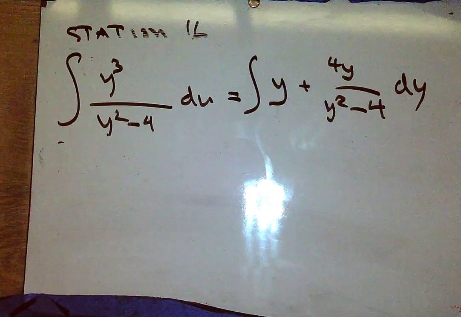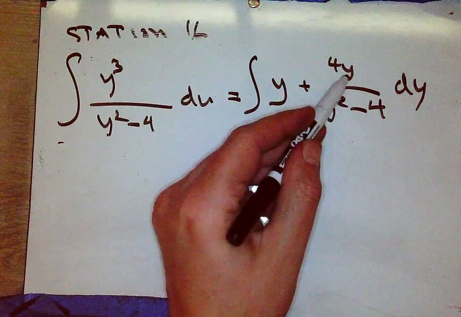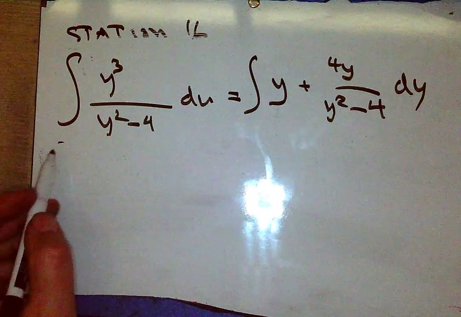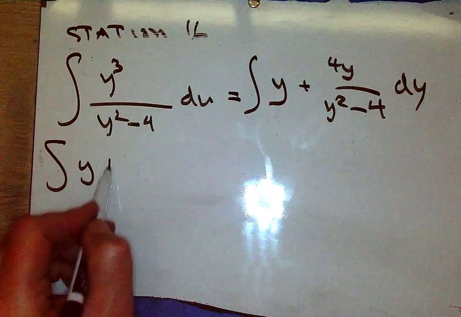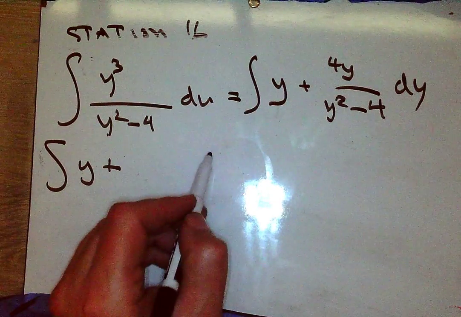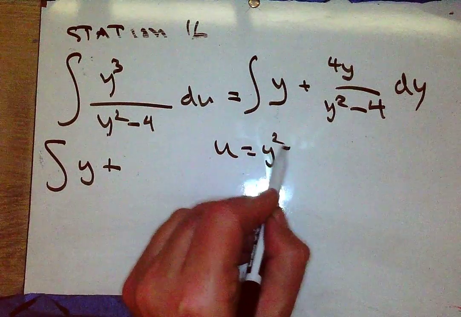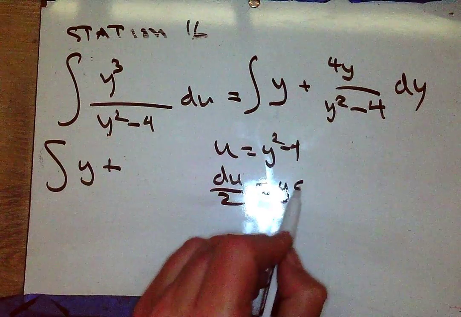I think I just want to do the u sub because this y squared is going to be 2y. So I've got the integral of y plus, if u equals y squared minus 4, du over 2 is y dy.